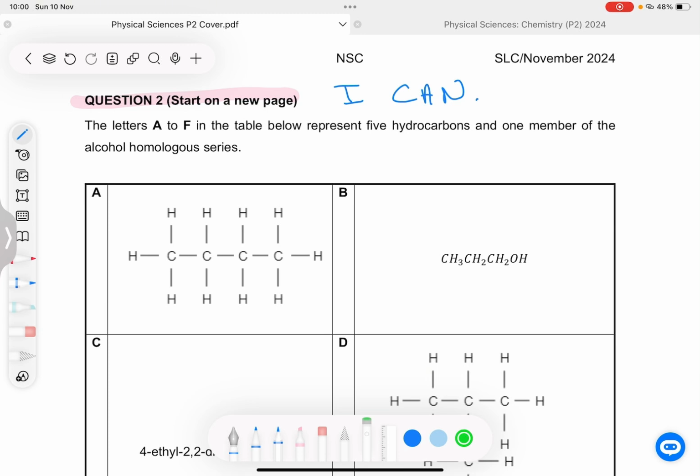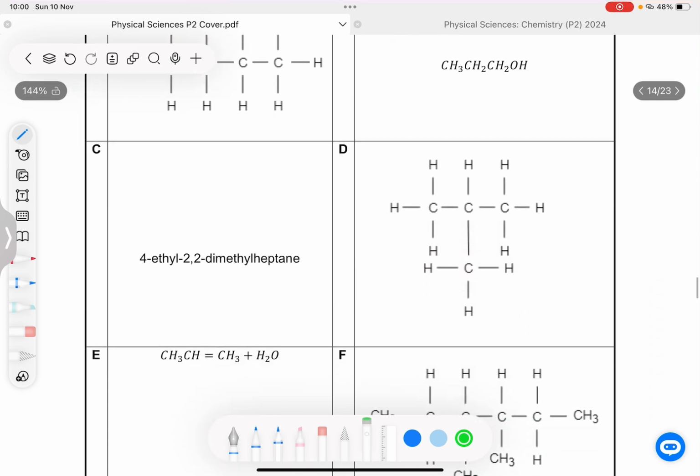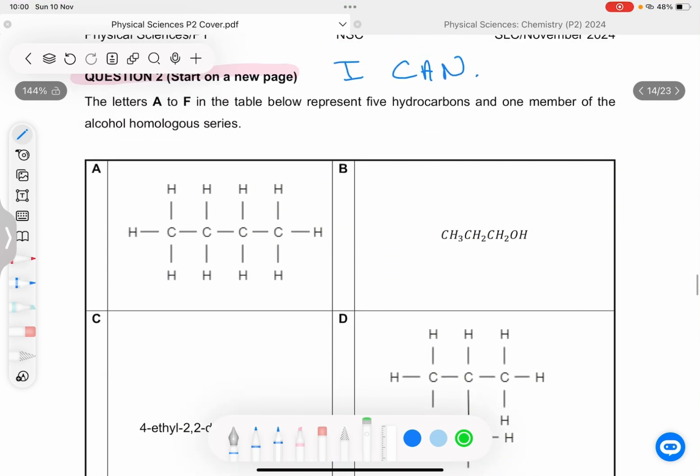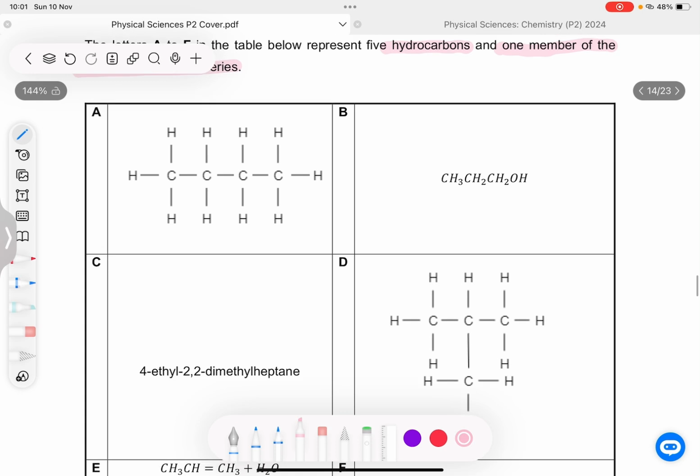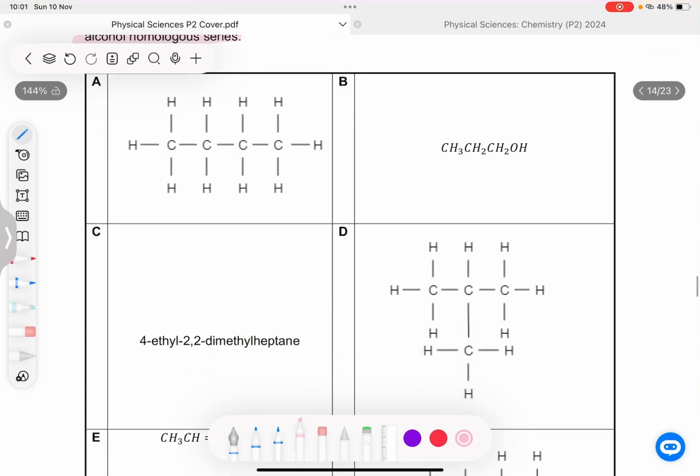So the problem reads as follows. They say here letters A to F. In the table below, we represent 5 hydrocarbons and 1 member of the alcohol homologous series. So here we are told that we have 5 hydrocarbons.